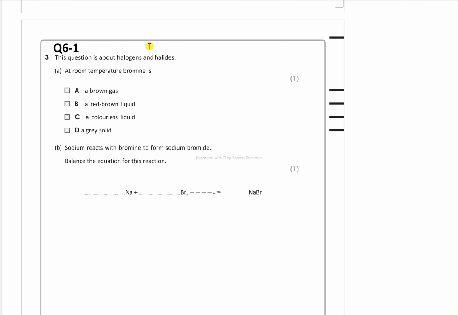This question is about halogens. At room temperature, bromine is... Chlorine, bromine, iodine: gas, gas, liquid, solid. So bromine is a liquid.